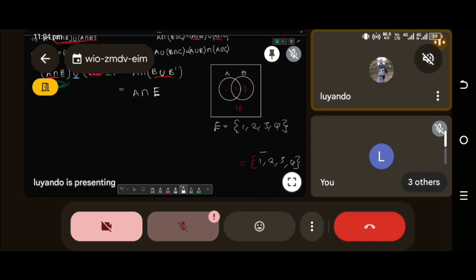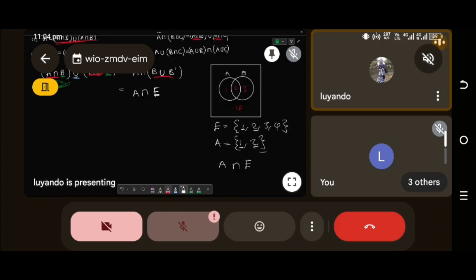And we get set A. Set A just has 1 and 2 as its elements. If we were to take the intersection of A and E, we find that they only intersect at 1 and 2.